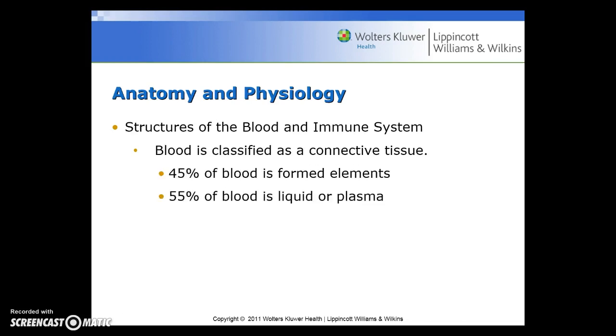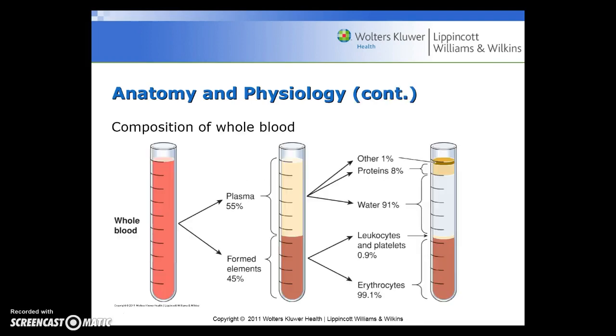The structures of the blood and the immune system: understand that blood is classified as a connective tissue. 45% of blood is formed elements, and 55% of blood is liquid or plasma. So here's a diagram showing whole blood is composed 55% of plasma and 45% formed elements.